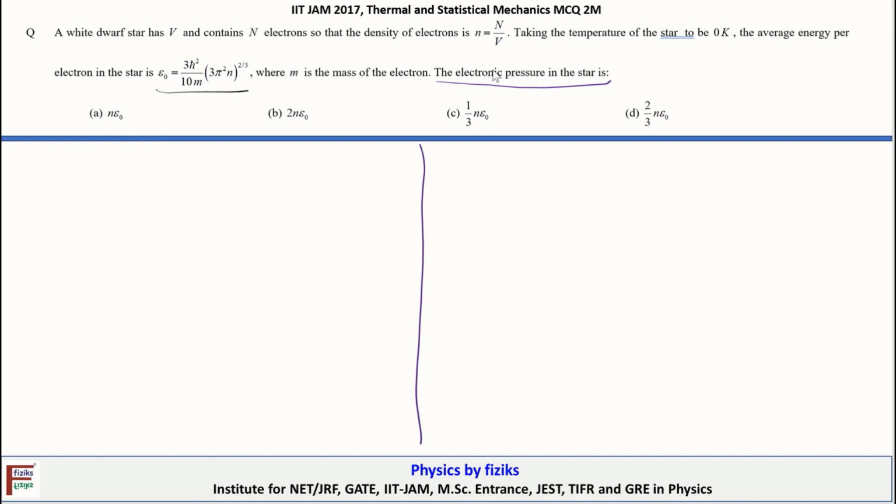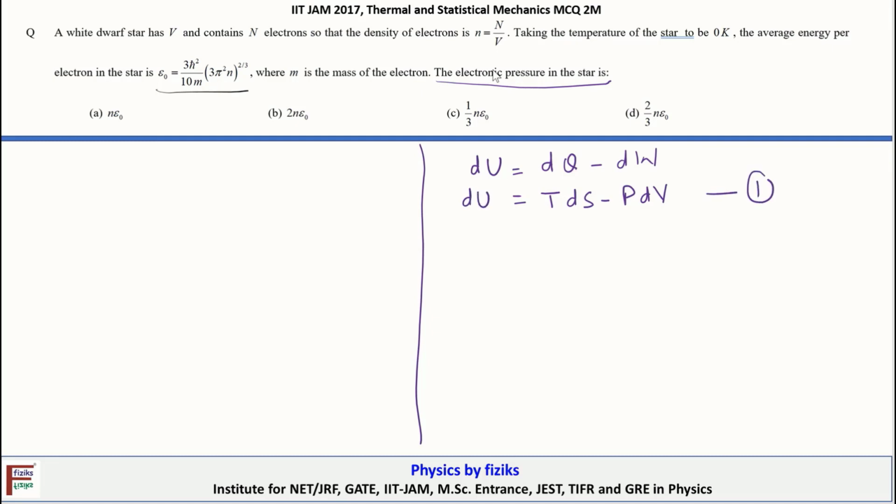The relationship that we are going to use is the first law of thermodynamics, which says that dU is equal to dQ minus dW, or in the modified form this can be written as dQ equal to TdS minus P dV. Let's call this equation 1.